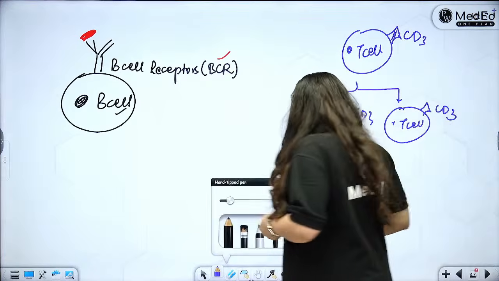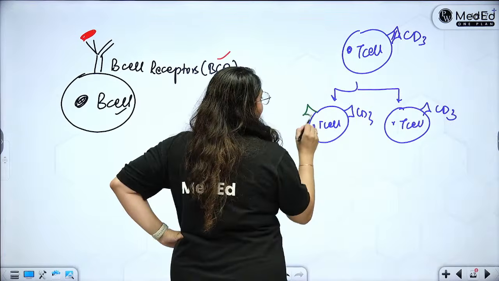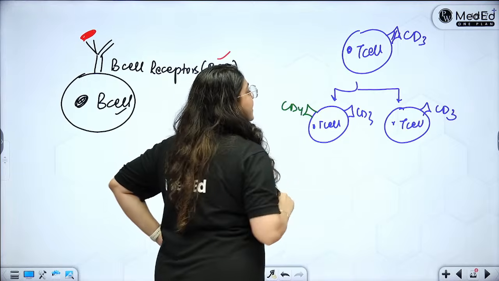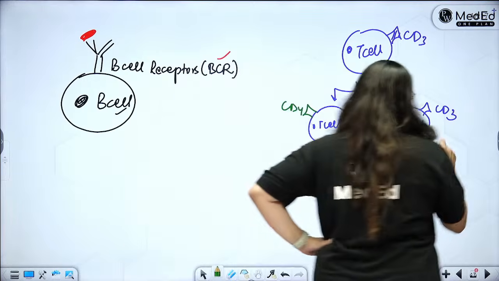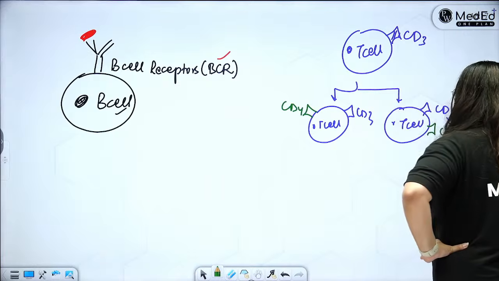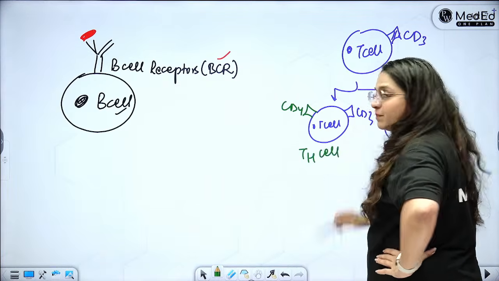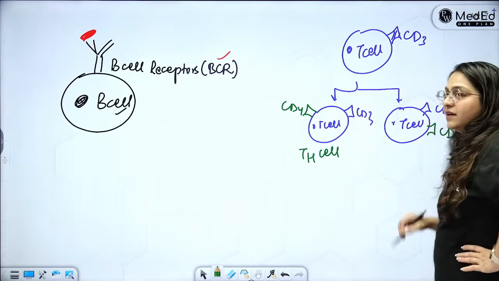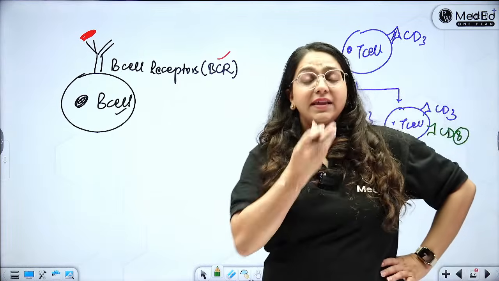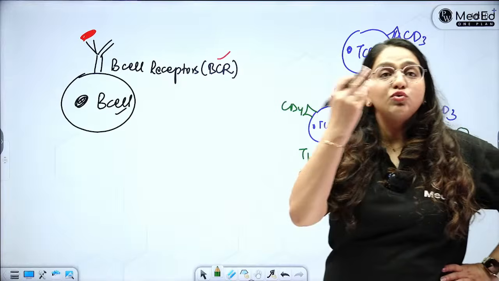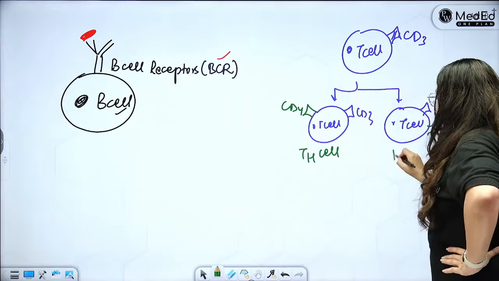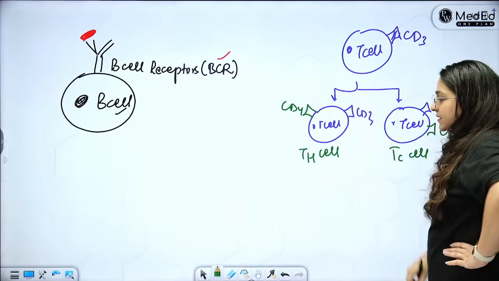Then, depending upon which T cell it is, either it can make a CD4 receptor or it can develop a CD8 receptor. If it is CD4, 4 looks like H, so that's a T helper cell. If it's a CD8, I always tell you, remember I8, 8 means phagocytose, 8 means to kill. So this is the cytotoxic T cell or the killer T cell, right?